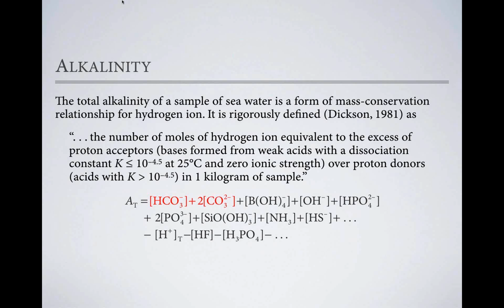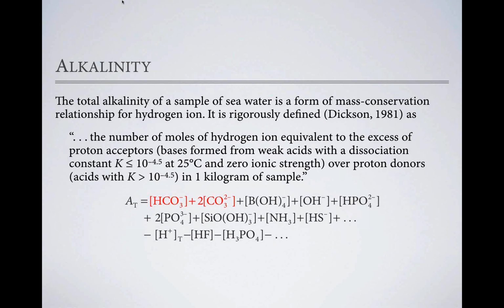Alkalinity. Well, alkalinity is a sort of form of mass conservation relationship, a rather elaborate definition, with a whole range of possible items that could be in there. It's a CO2 parameter in part because the ones in red dominate this expression for natural seawater.